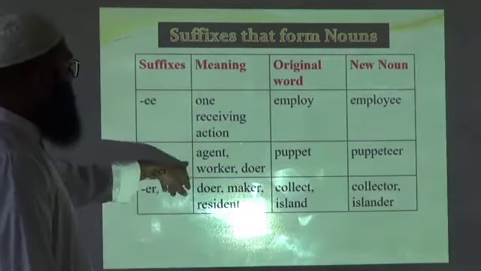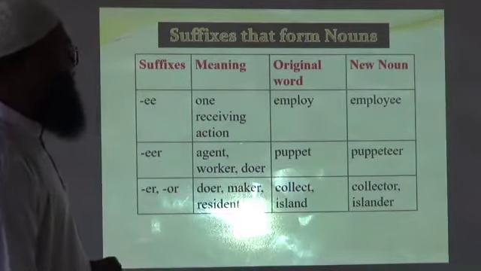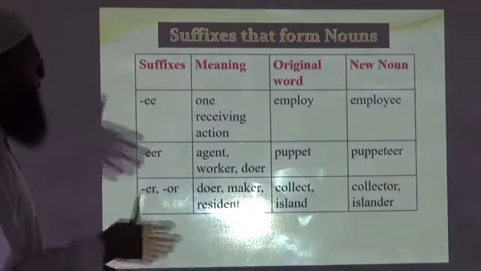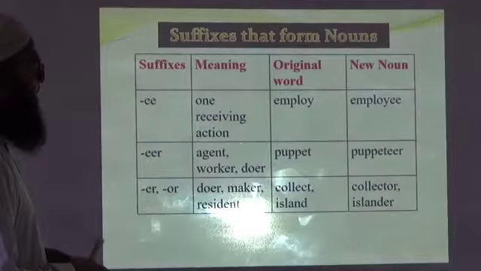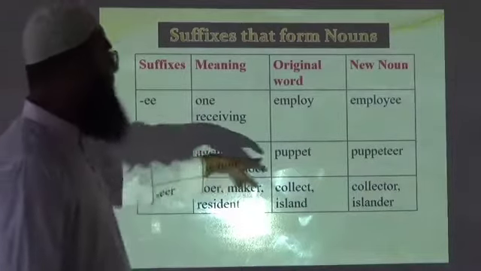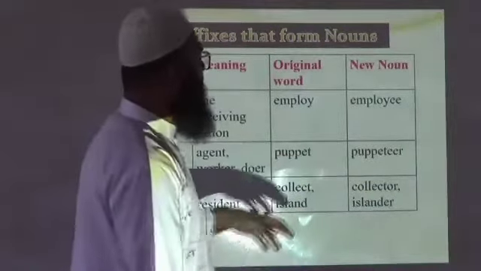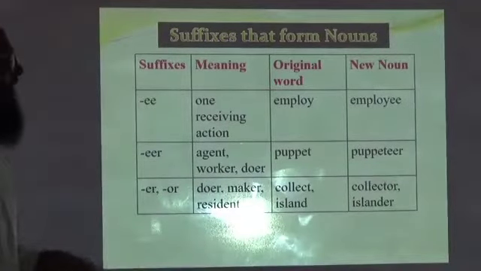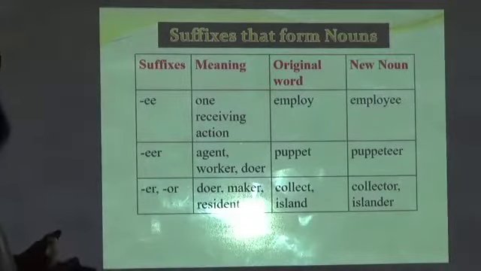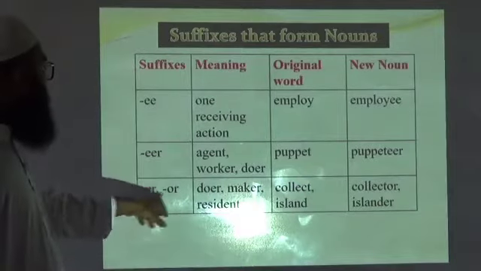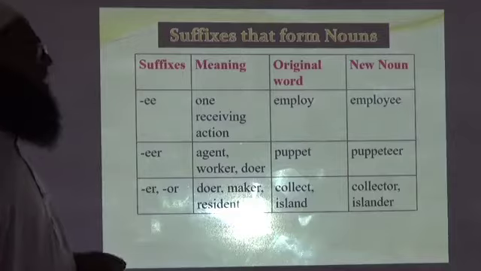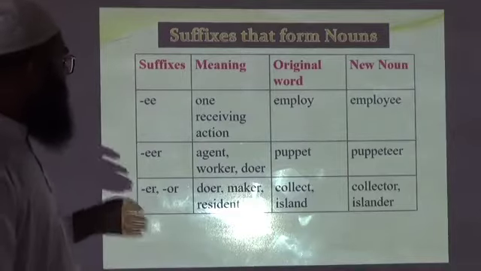EER, its meaning is agent, worker, doer. That means someone who does something in a sentence. Like that, puppet means doll. Puppeteer, who makes the puppets dance or play any games. ER, OR, it also means doer or maker.